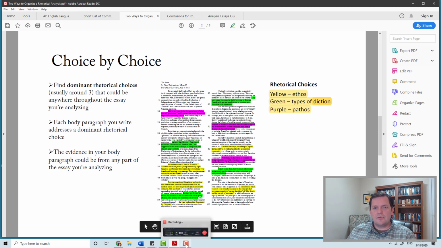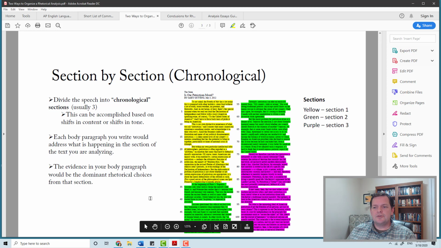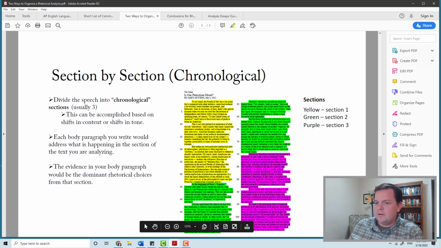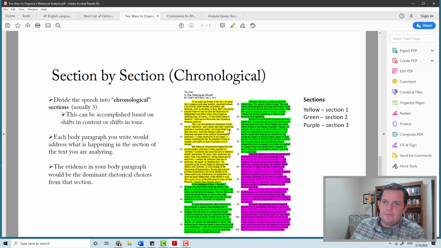That is certainly one way that you can approach it. And then the other approach is to actually go section by section. When you analyze section by section or chronologically, you've divided the passage into certain sections based on some dominant characteristics.